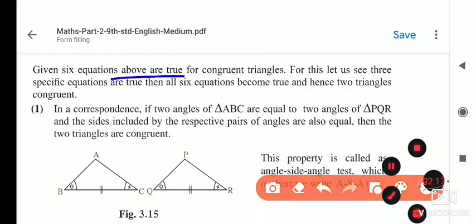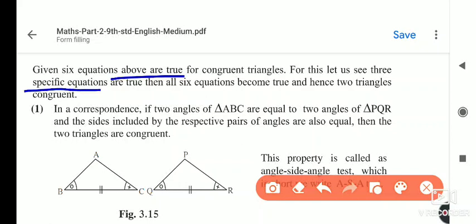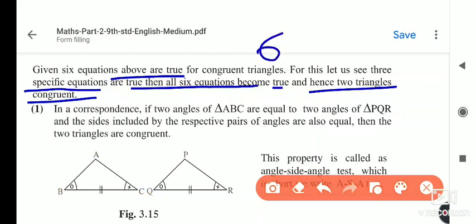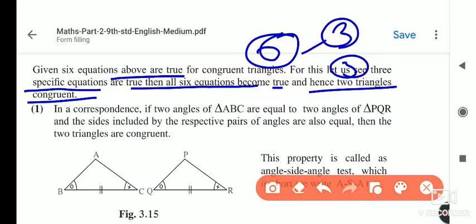Just now I told you angles and sides are equal for congruent triangles. Let us see that if 3 specific equations are true, then all 6 equations become true, hence the two triangles are congruent. A triangle has 3 angles and 3 sides, so totally 6 are there.